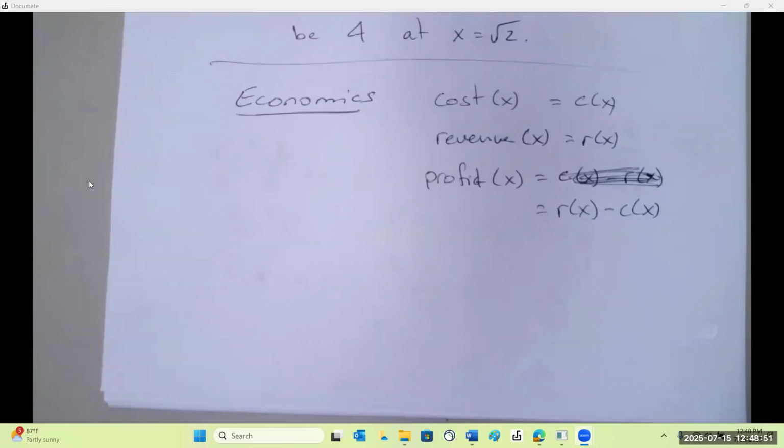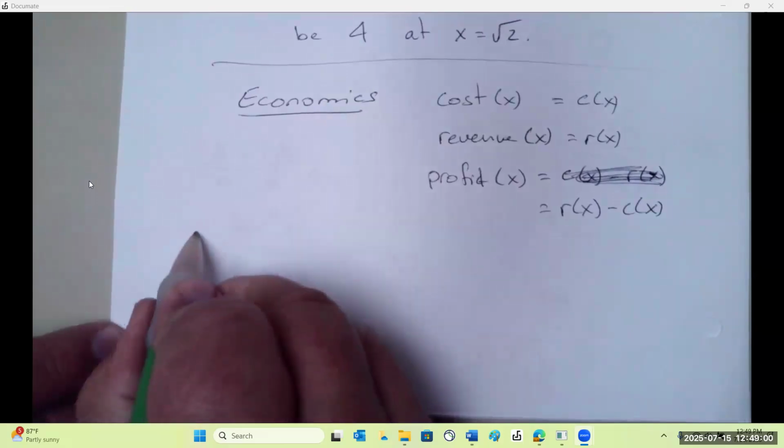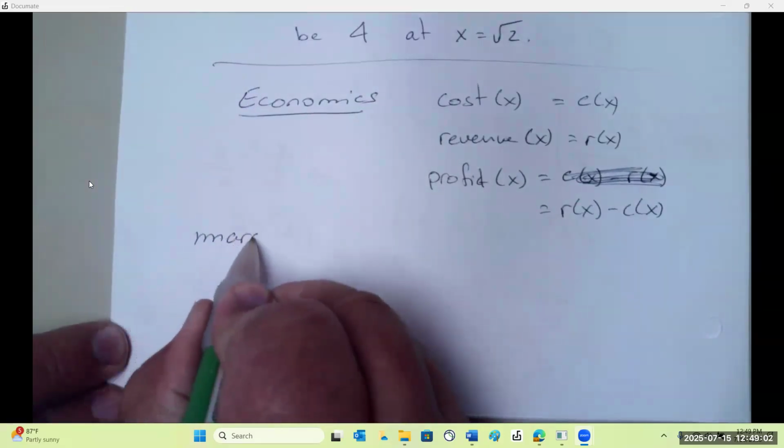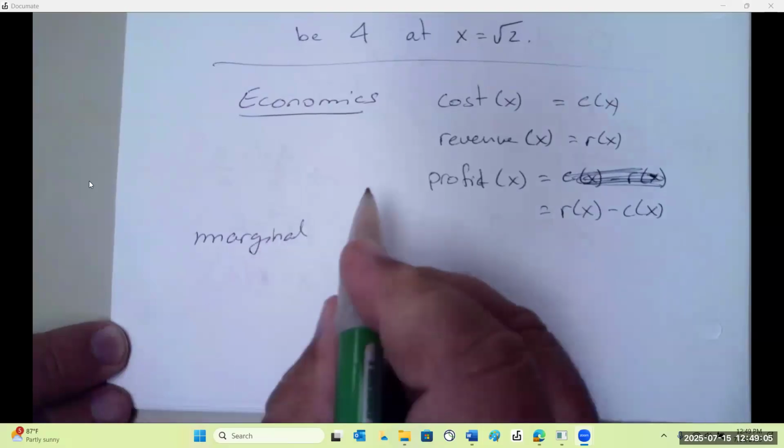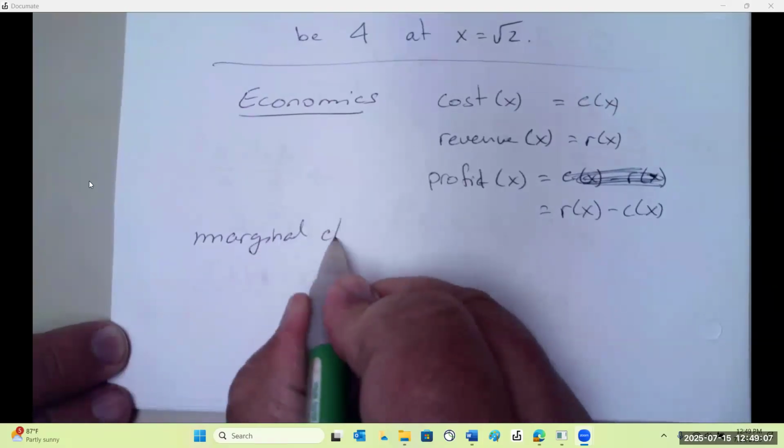Now, to see how things change, the rate of change of our cost, of our revenue, of our profit, we do marginal changes.